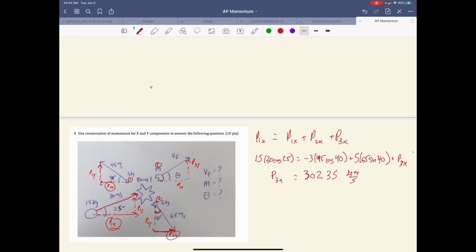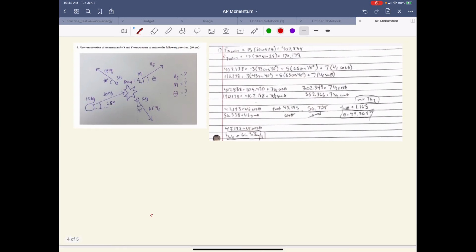I just don't want to take the time to recalculate that while I'm doing a video. But anyways, you can see that it is right here. That's where I'm getting this 302.